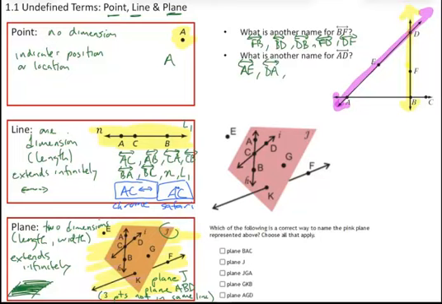DA, you can also switch the order of E and A. And then the final ways that you can name this, the combination of which two letters? D and E, or E and D. Again, that order doesn't matter. Any two points. Now, if you see three points used, it's incorrect notation. If you see one point used, it's incorrect notation. You have to have exactly two points when you name a line. Okay.